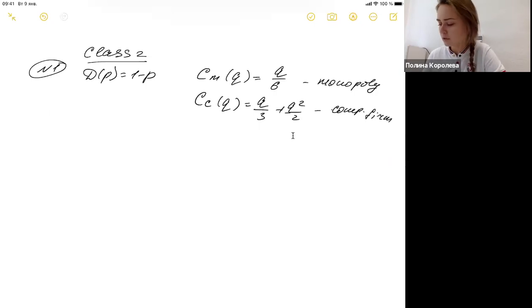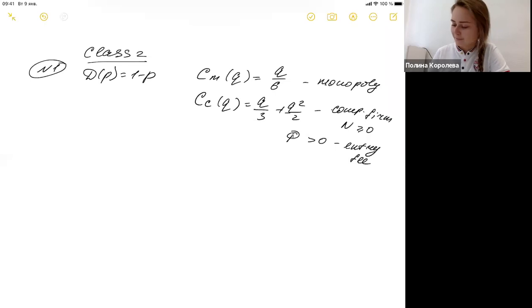Suppose we have n competitive firms, n greater or equal than 0, who can enter the market at cost fee greater than 0. So this is entry fee for each firm. Okay.